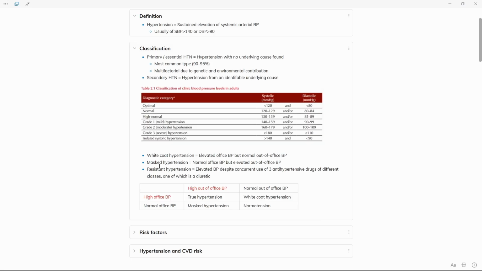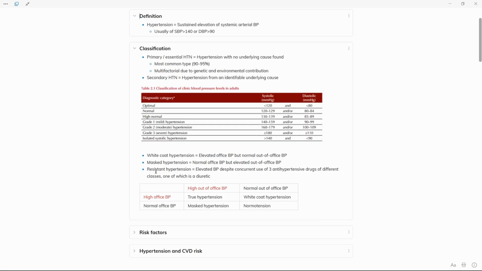You can also have masked hypertension, which is the opposite of white coat hypertension, where the blood pressure in the office is normal, but the blood pressure outside of the office is high, which is why it's called masked hypertension, because you as the clinician may not pick this up because their blood pressure when they come to see you in clinic is normal. Whereas white coat hypertension is something that is more easily picked up because the blood pressure in office is, by definition, elevated.